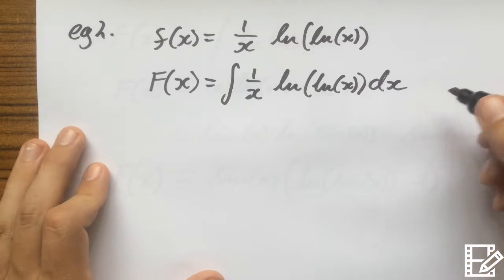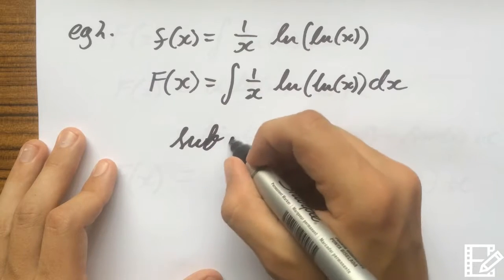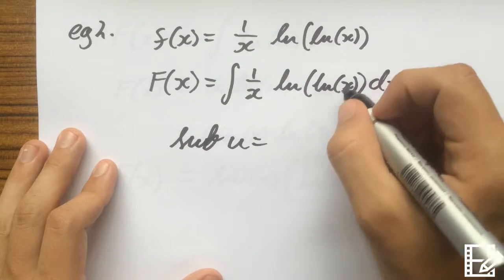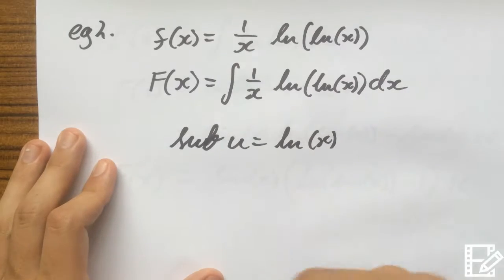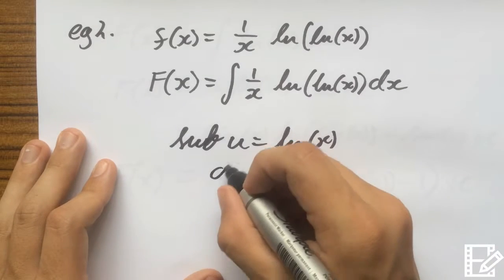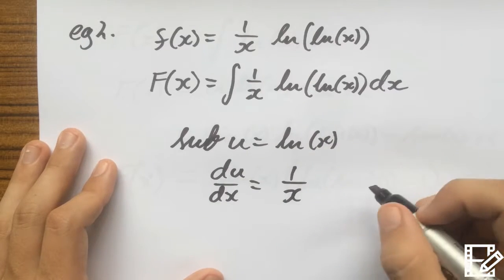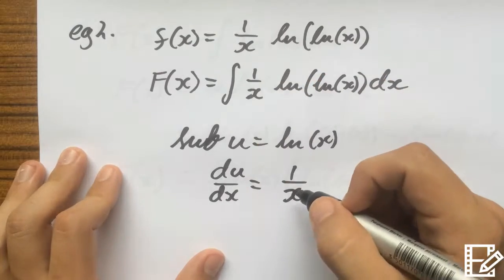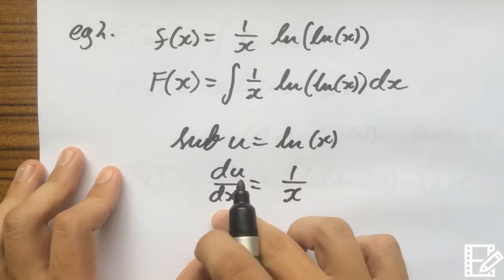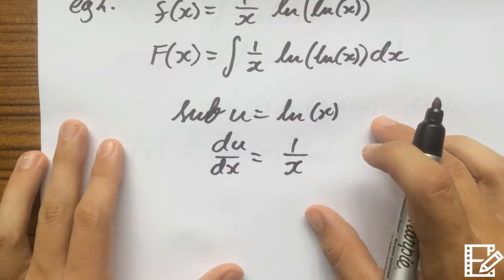Okey-dokey. Now we do our substitution. We sub u in for ln of x. Now if we derive ln of x, we get 1 over x. Now this is the same as that. We won't be able to eliminate it, but just like before, we're going to try and isolate dx on its own.